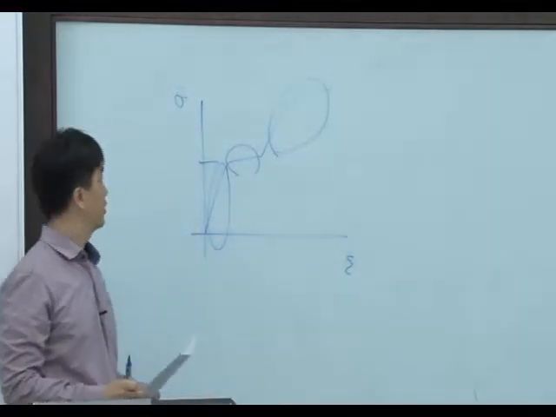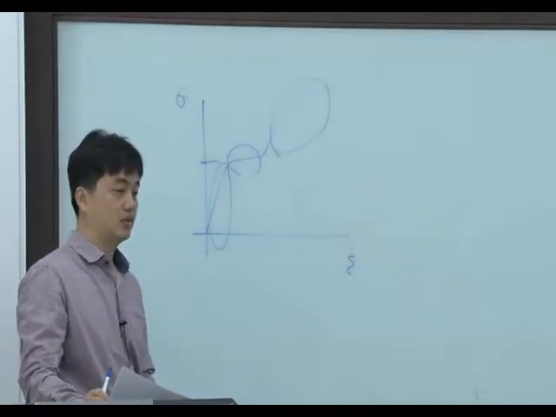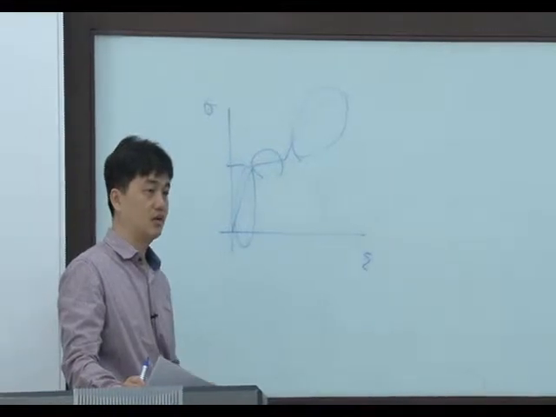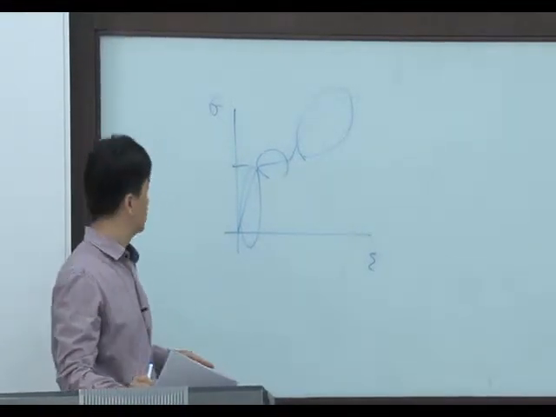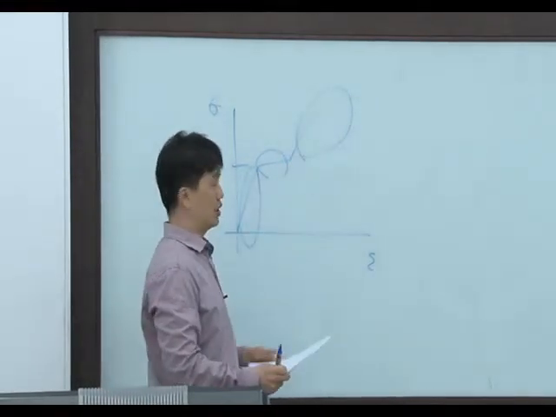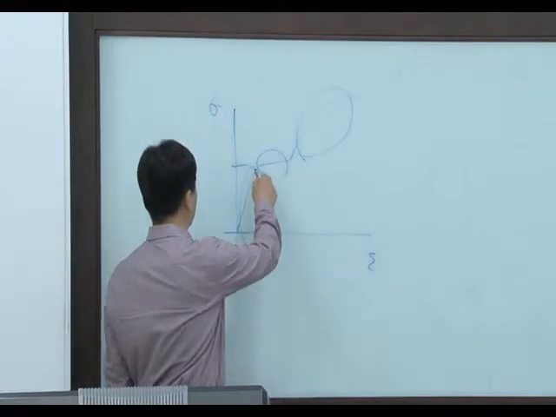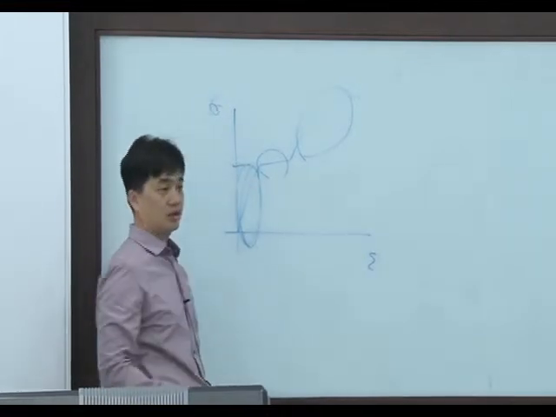So the characteristic of a stress-strain curve, this is a real stress-strain curve of structural steel, can be categorized by three parts. And until now, we only focus on the linear elastic part, right?